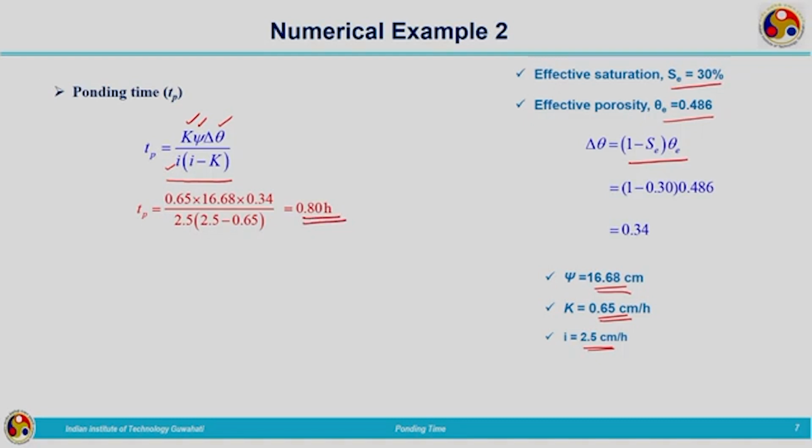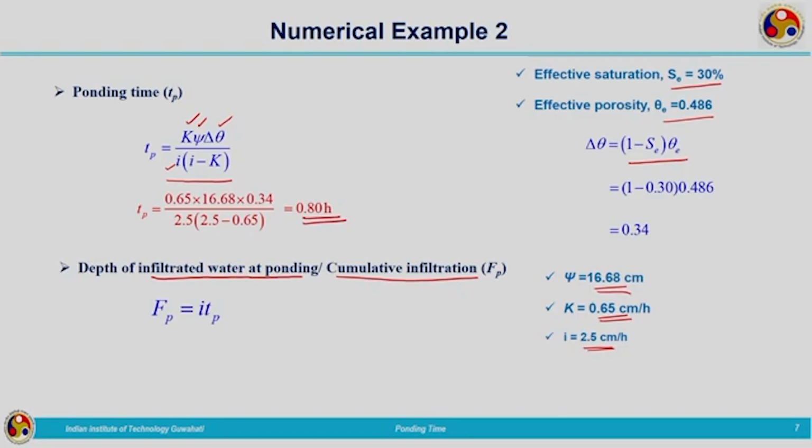Now, what is asked in the question? We need to find the depth of infiltrated water at ponding, or the cumulative infiltration Fp. Intensity of rainfall I is given to us, and time of ponding is also available to us. So, by multiplying those two, we can calculate how much water is infiltrated into the ground during that particular time Tp.